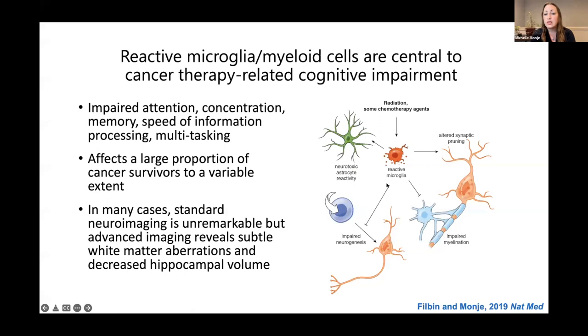These neurotoxic astrocytes together with microglia can impair myelination, both homeostatic and myelin plasticity, and reactive microglia and associated cytokine production can also impair the process of neural stem cells making new neurons in the hippocampus.